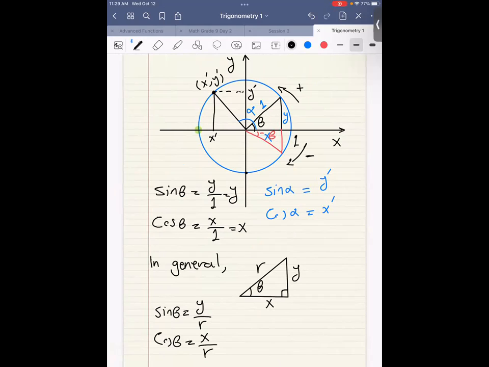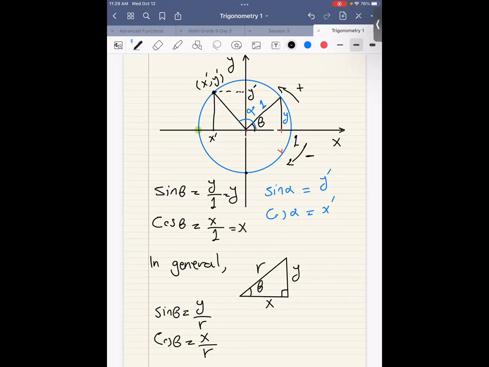If theta is equal to pi half, then what is x?